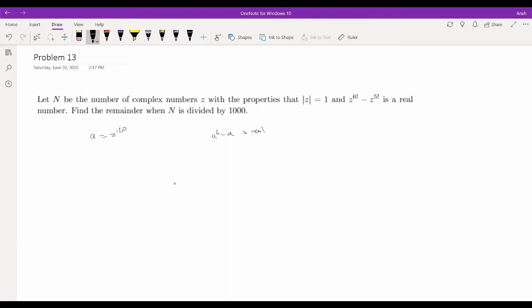That means that the imaginary parts of a to the 6 and a have to be equal in order for this number to be real. If a is at angle theta, the imaginary part of a to the 6 is sine 6 theta, so sine 6 theta equals sine theta.